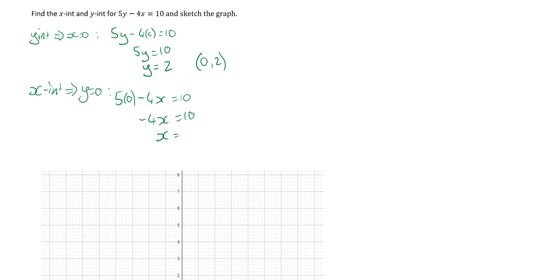So x equals 10 on negative 4. And what does that equal? That can simplify to be, let's pull my negative out the front, negative 5 over 2, which is 2.5. And that's fine. So my coordinate point there would be negative 5 over 2, comma 0, or negative 2.5, 0 if you'd like to use the decimals.